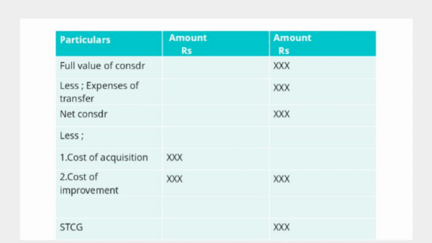The cost of acquisition is simply... I'm giving some examples. Your father has bought a house for 50,000 in 1991, and the price value of the asset in 2006 to 2007 is 4,40,000.